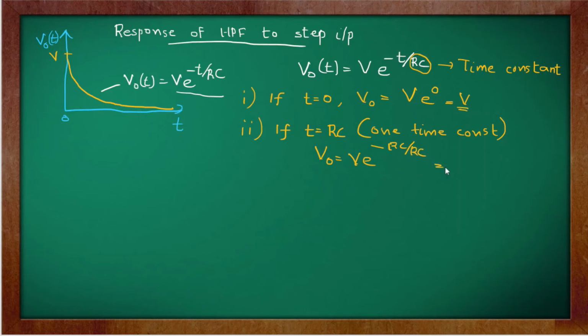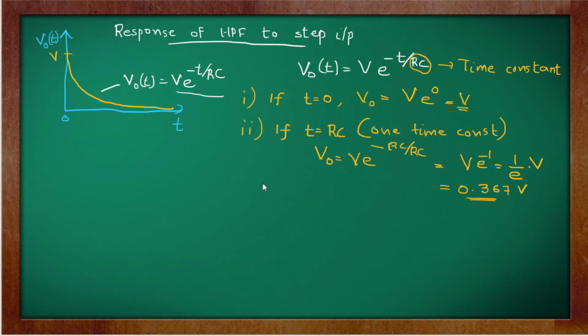So this becomes V into e raised to minus 1, that is equal to 1 by e times V. What is this 1 by e times V? That is equal to 0.367 V.